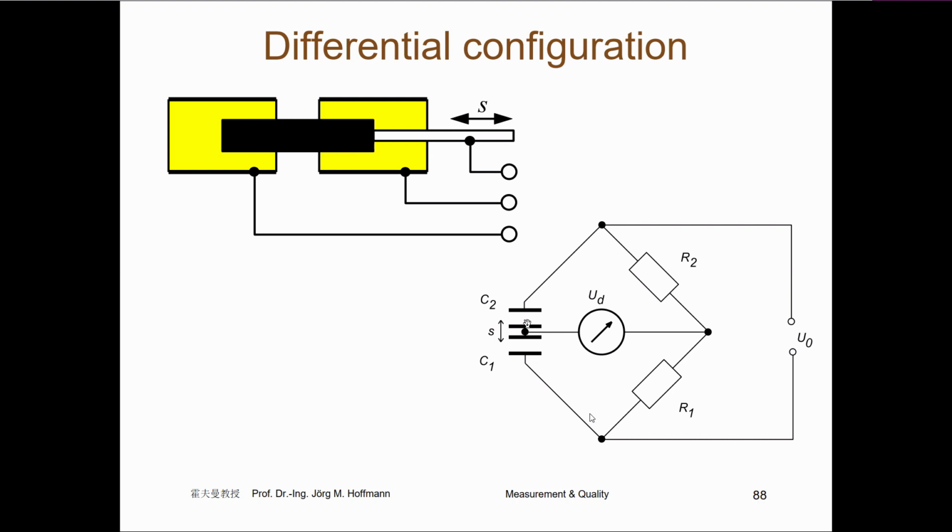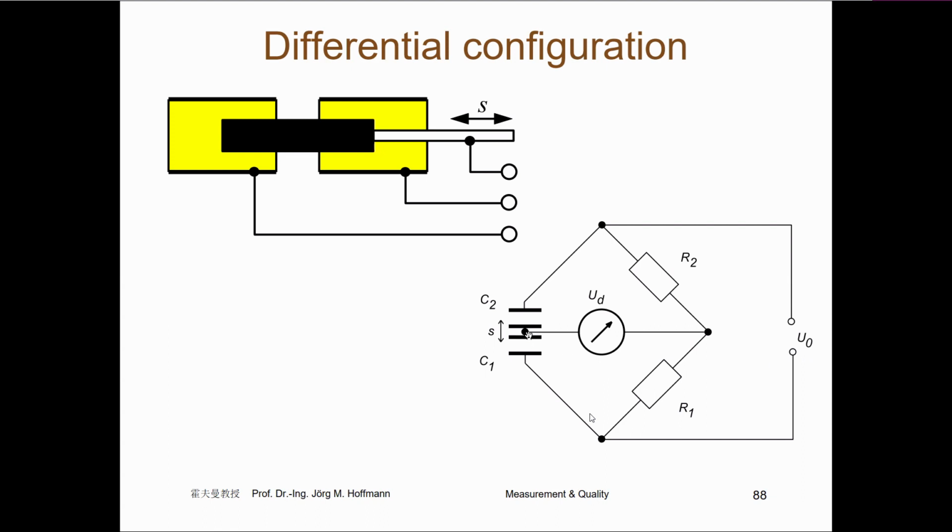You have exactly the same capacity when you are exactly in the middle, so that you have the half of the voltage on one side and the other half on the other side. And when these two resistances are equal, you also have here the half of the voltage.